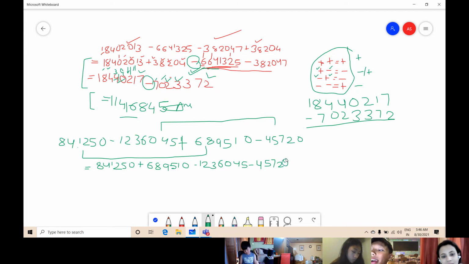So this is our first step. What I have done is written all the signs of addition together and all the signs of subtraction together. Is it clear up to here?